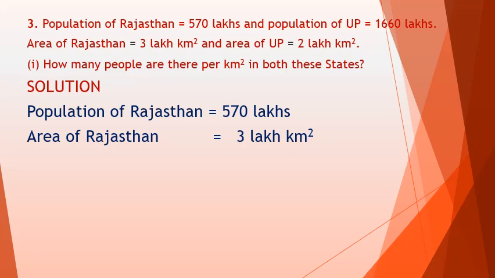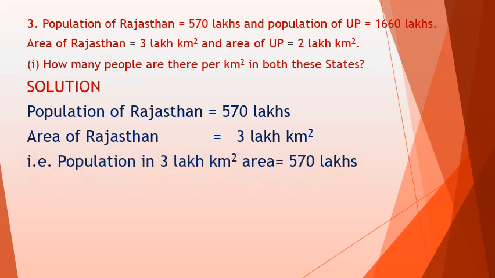That means in Rajasthan, in 3 lakh kilometer square area, 570 lakh people live. Is it clear? That is, in a total of 3 lakh kilometer square area, how many people are living? 570 lakh people.